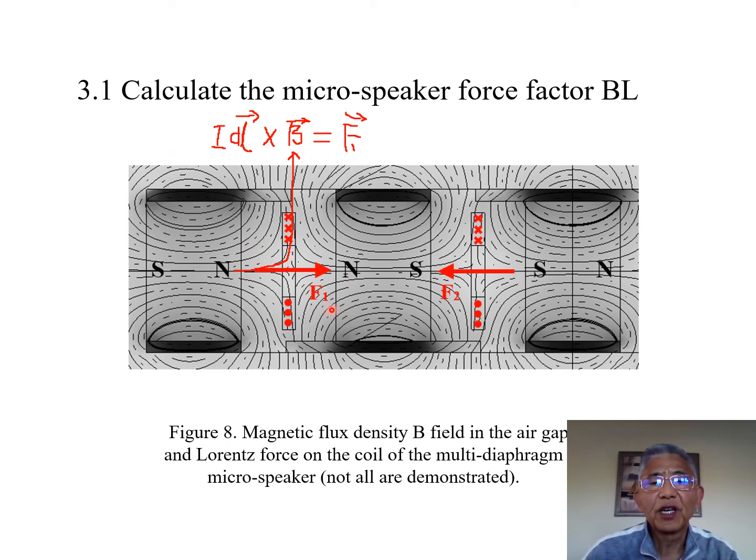So F sub 1, and in the same fashion, the next coil is F2. You get the opposite direction. So these two coils can drive the diaphragm, squeezing the air out. Here, this side has another two coils.